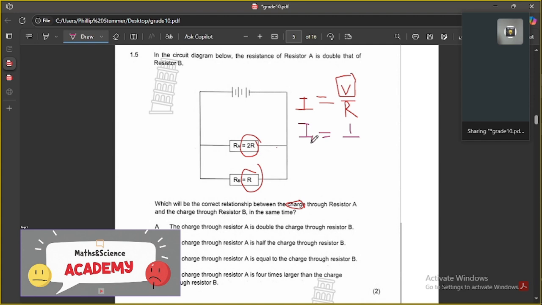For R, for the current of A, we'll use 2R, so this is basically 1 over 2. And for B this is going to be 1 over 1, which is 1. So the current of B is 1 and the current of A is 1 over 2.